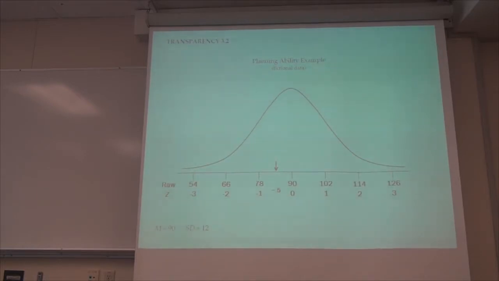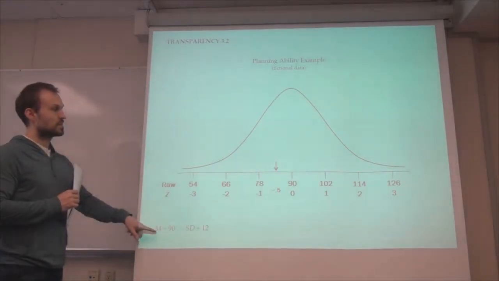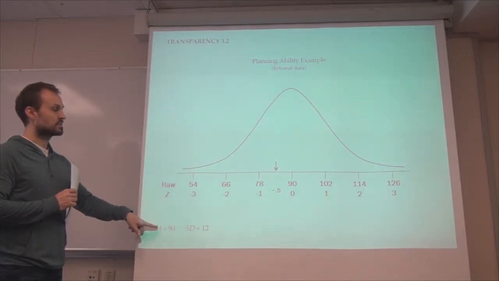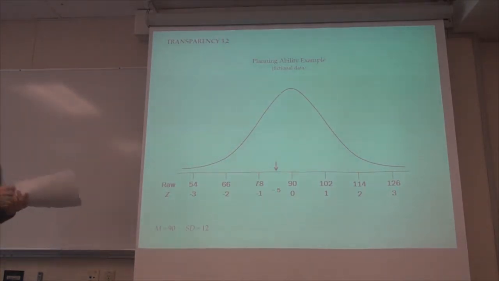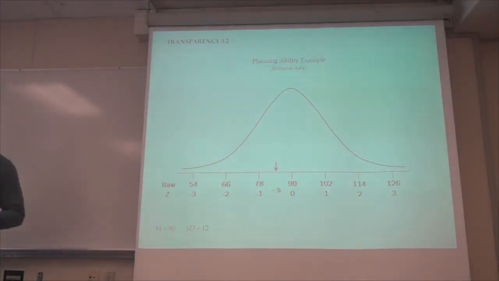So if I have some sort of rating for a person's planning ability, whatever that survey may be, and I get a value of 84. Now in this distribution, the mean, the average is 90, and the standard deviation is 12. If I have a score from a person of 84, how good or bad is that? I can't necessarily just compare 84 to 90.